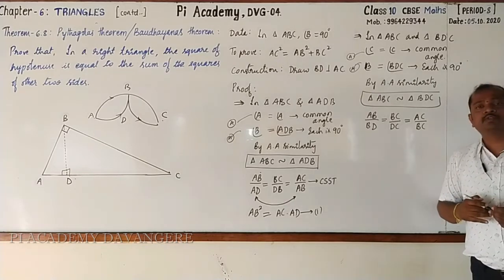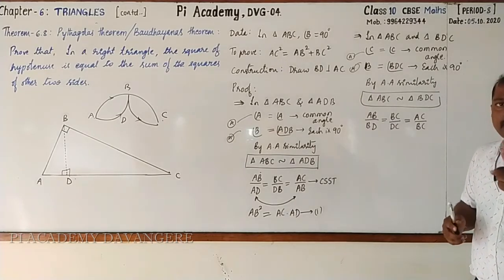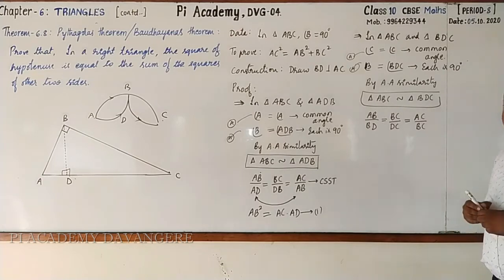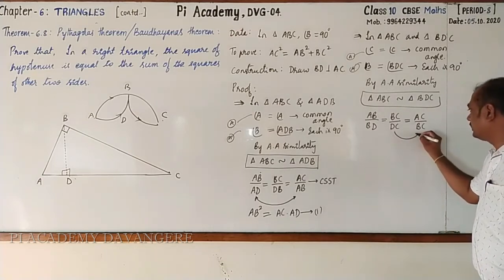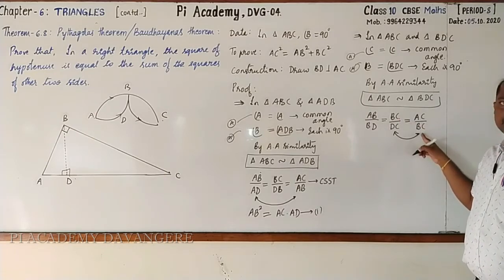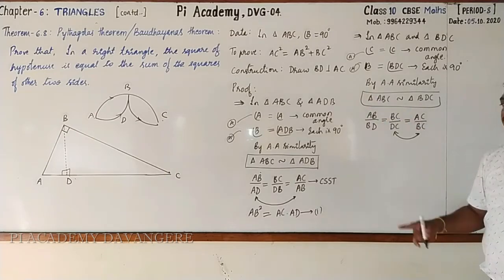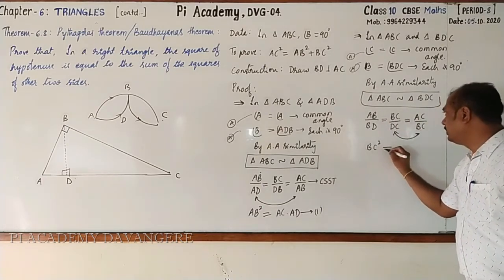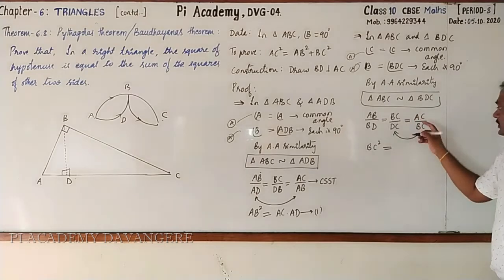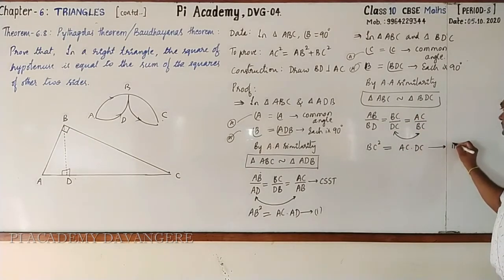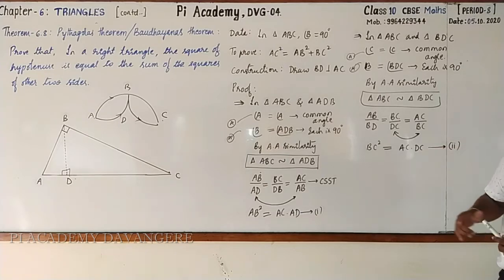Here also you have to choose two ratios in which one side is common. Which are those? They are the last two. Look here. Here is BC. Here is also BC. Go for cross multiplying. BC into BC, this is BC square is equal to, now cross multiply, AC into DC. You may call this as statement 2.